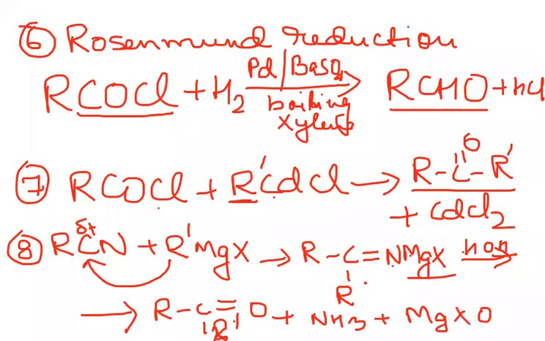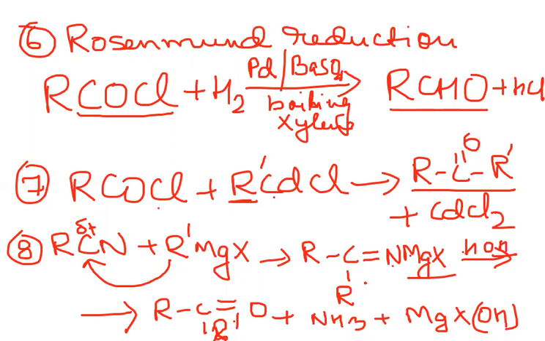This is the usual course of steps involved when a Grignard reagent adds to a C double bond O or to a C triple bond N; the process is almost the same. So that was about the methods of preparation of aldehydes and ketones.